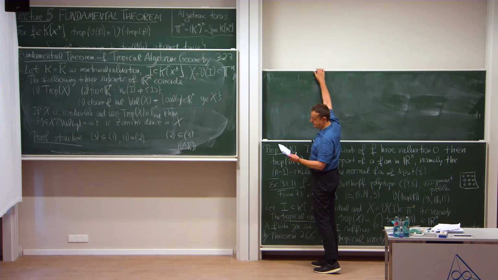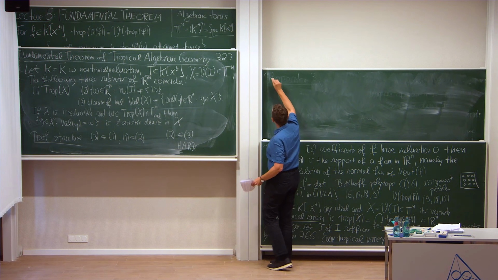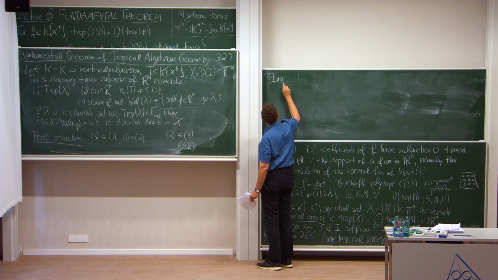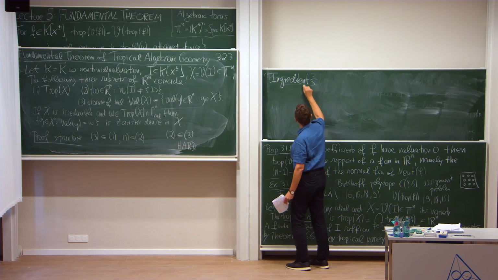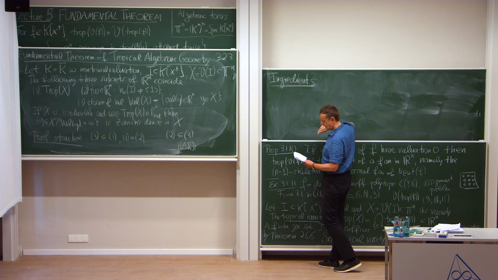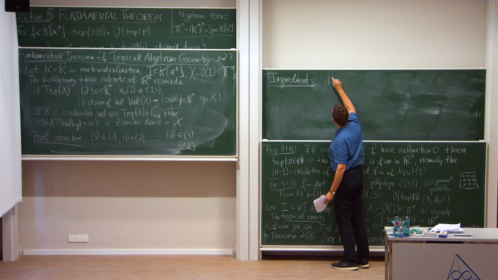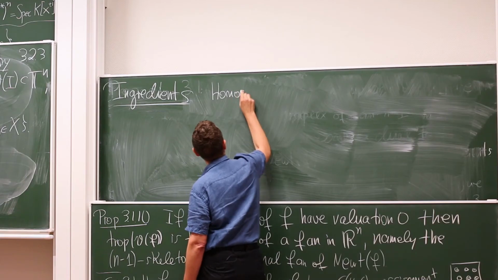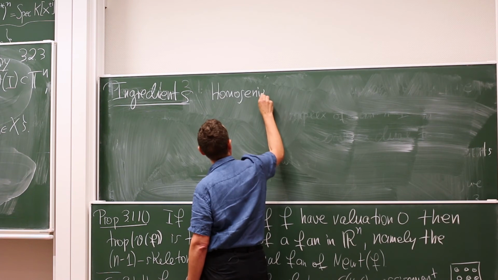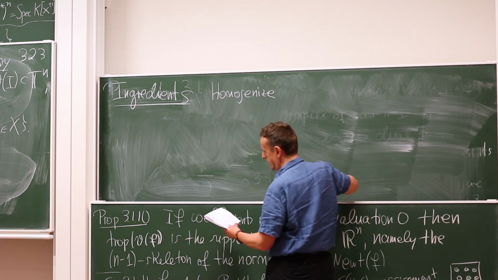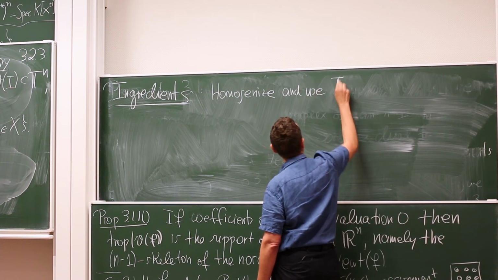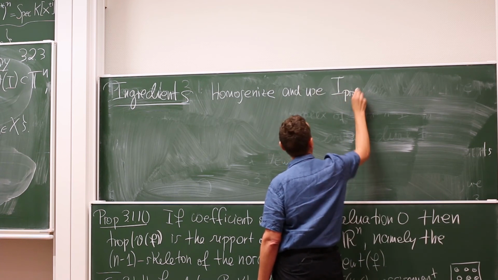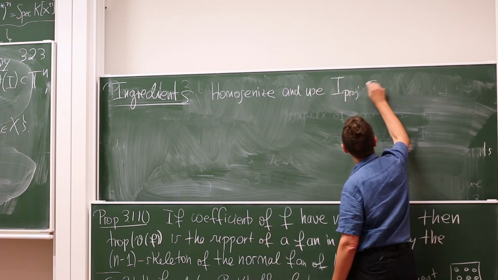So for 2 is contained in 3, what are some of the ingredients? First of all, you will homogenize. You homogenize the algebra and use the corresponding homogeneous ideal that describes the projective closure.